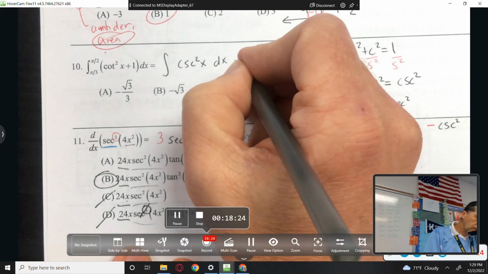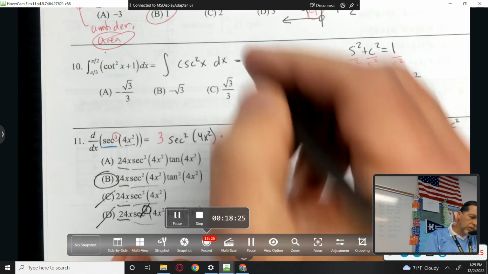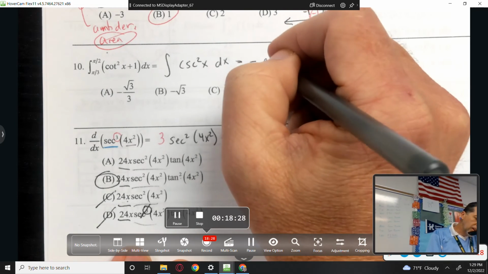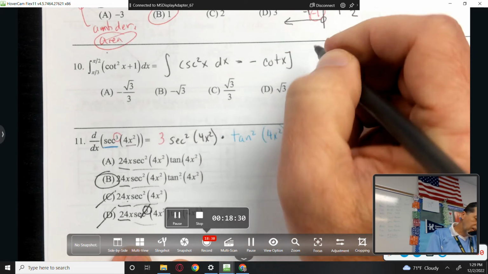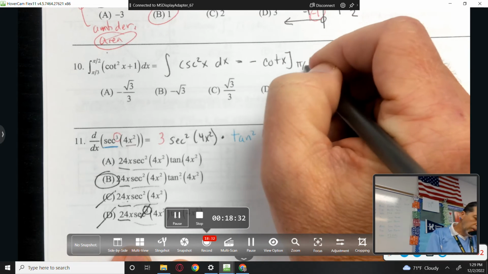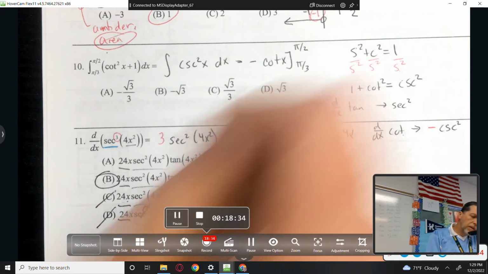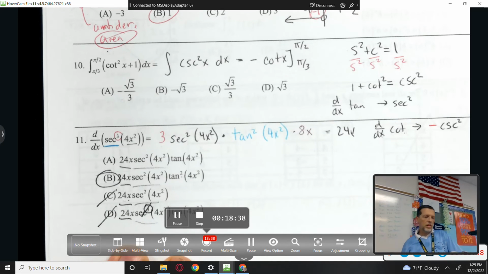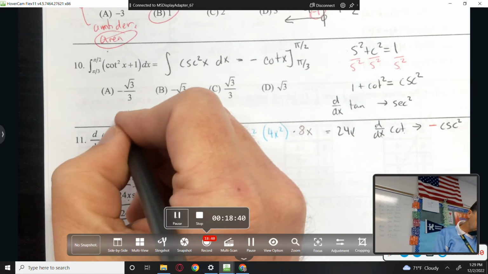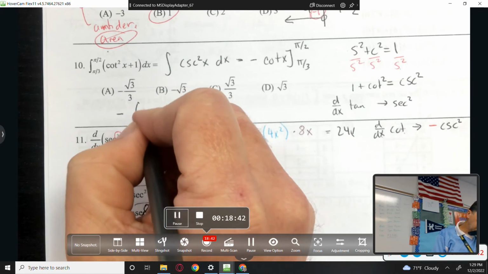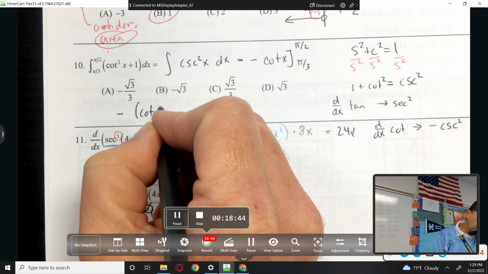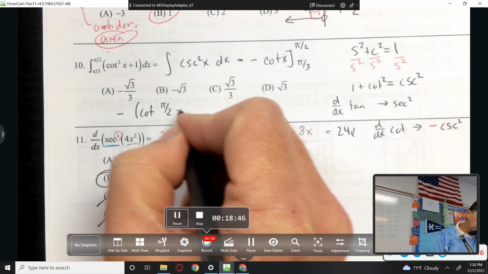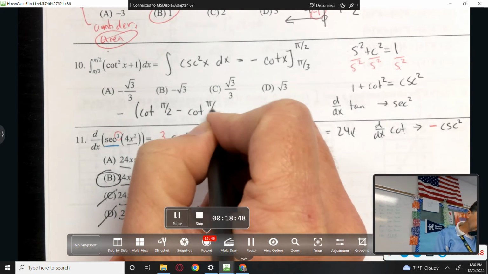So the antiderivative of cosecant squared would be negative cotangent of x from pi over 3 to pi over 2. So negative cotangent of pi over 2 minus cotangent of pi over 3.